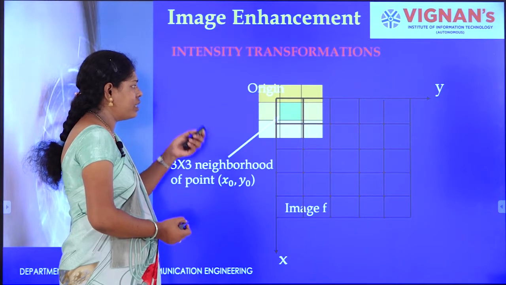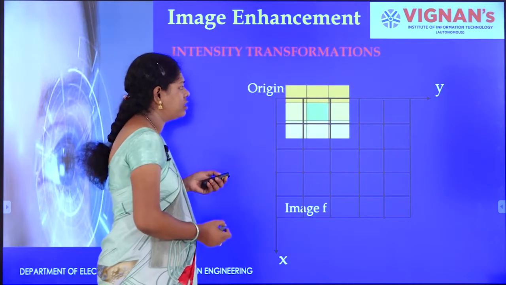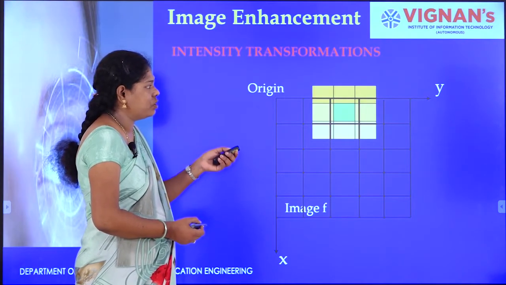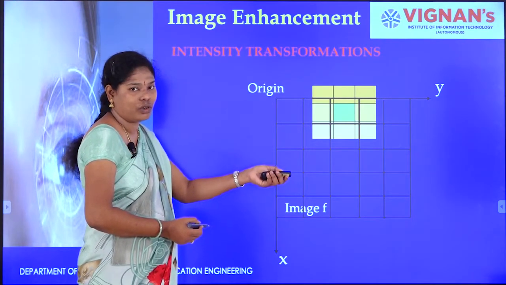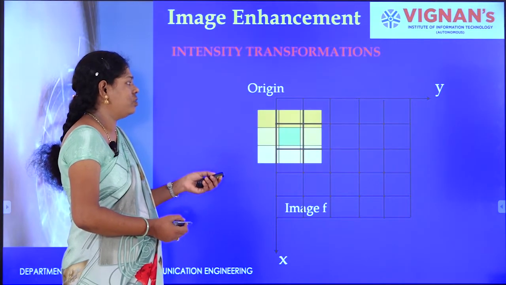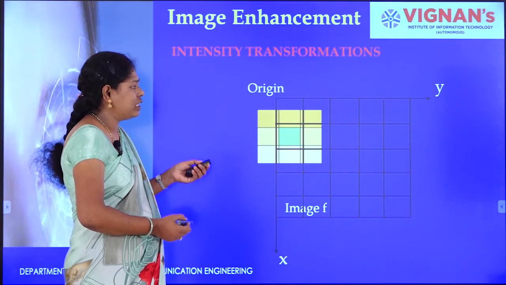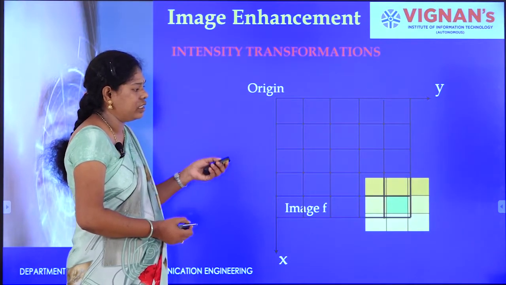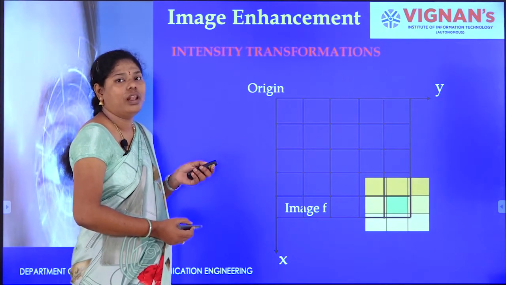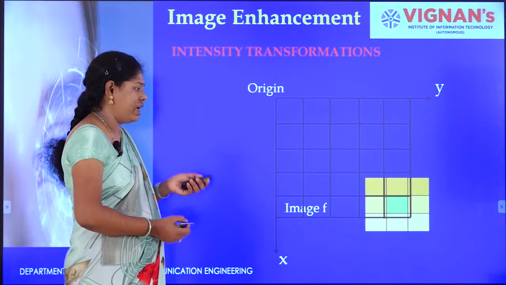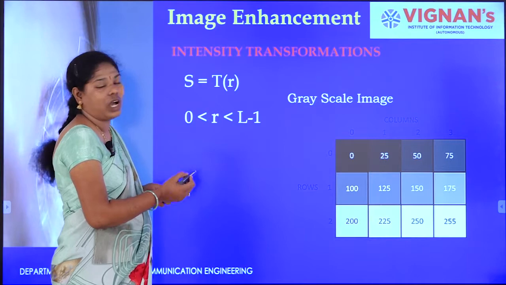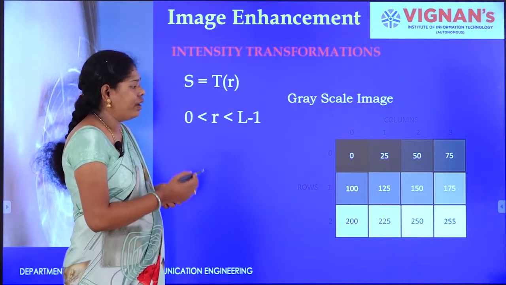It will point to the first position first, then the next position, and the next. After completion of the first row, it will go to the next row. With this it will process the entire image until the last pixel of image f.